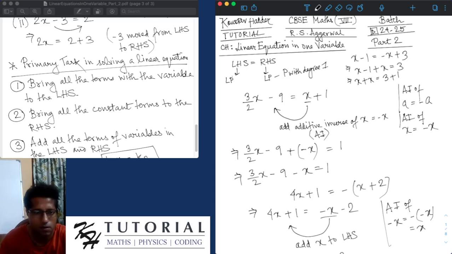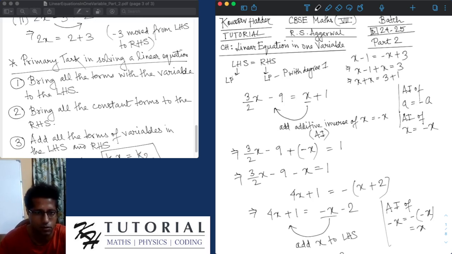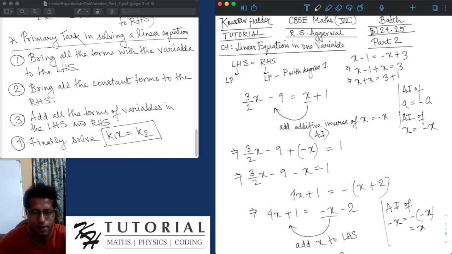Now the third point says add all the terms of variables in the LHS and RHS. After this, the LHS will have all the terms with the variables x or some other variables, like x, y, z, and the RHS will have one or more constant terms.